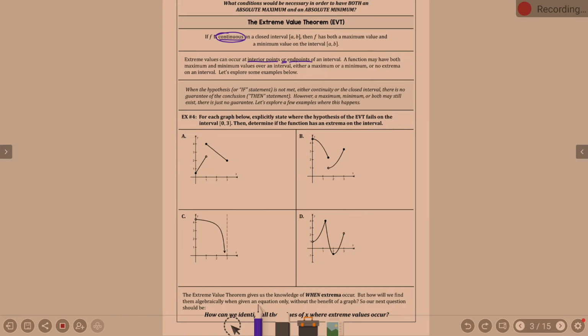EVT does not apply since f of x is not continuous on 0 to 3. And I say 0 to 3 because that is the interval where my graph exists.